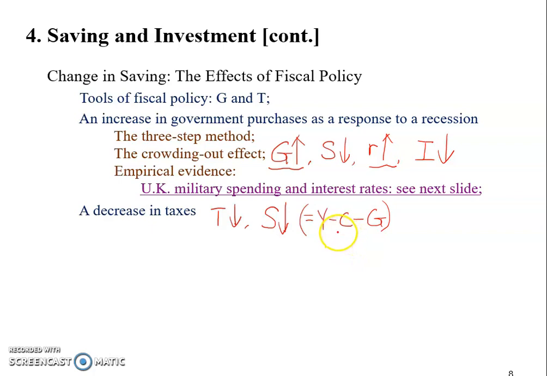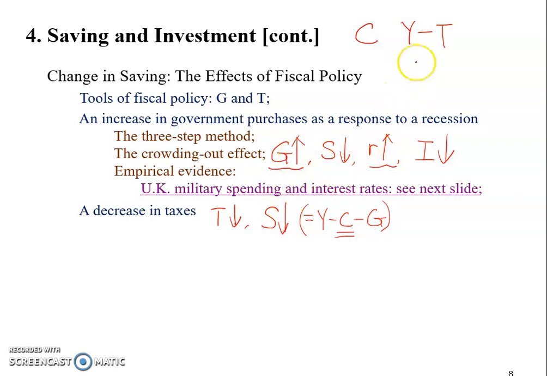However, here you have to look at the C in this formula. Our consumption depends upon our disposable income, let me write it up here, not our national income. Our disposable income, or the after-tax income, right?